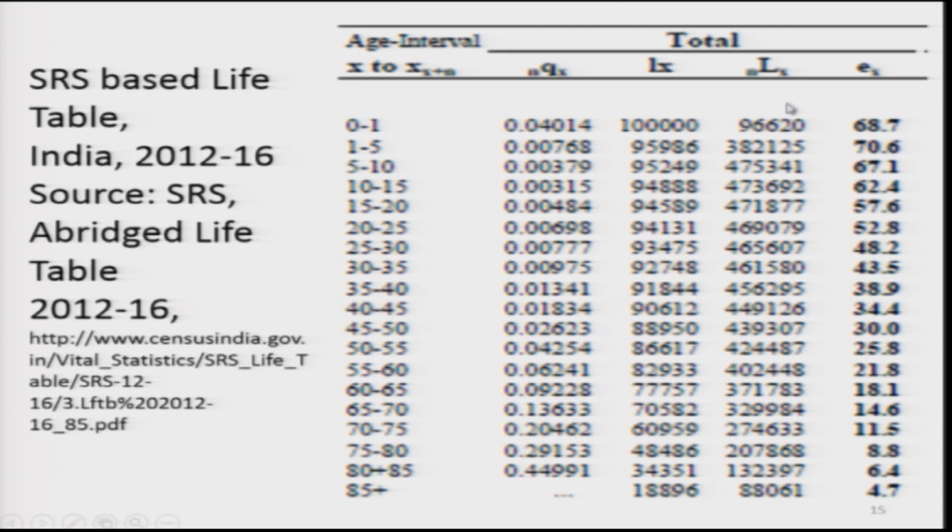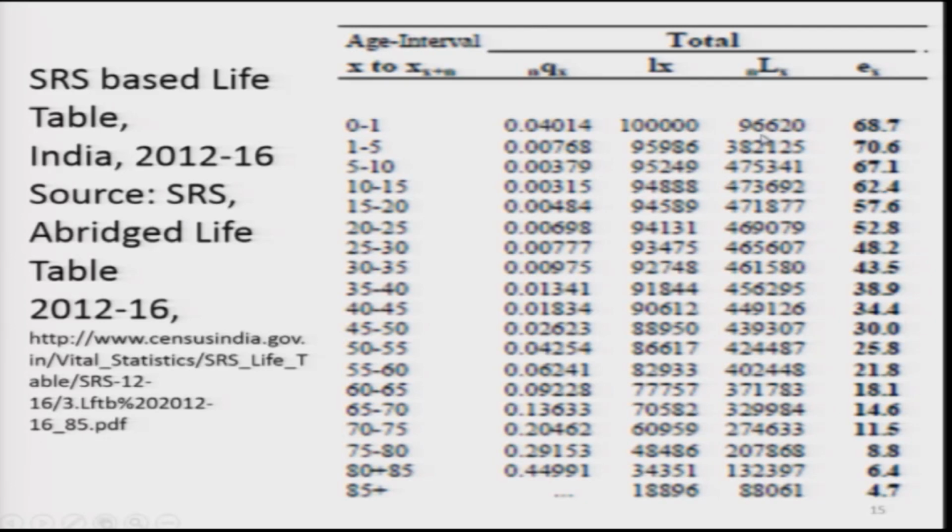And capital Lx is something like manpower in economics. This is called person years lived: by these 100,000 persons, the total number of person years lived, meaning the totality of time for which they lived in age group 0 to 1, is 96,620.